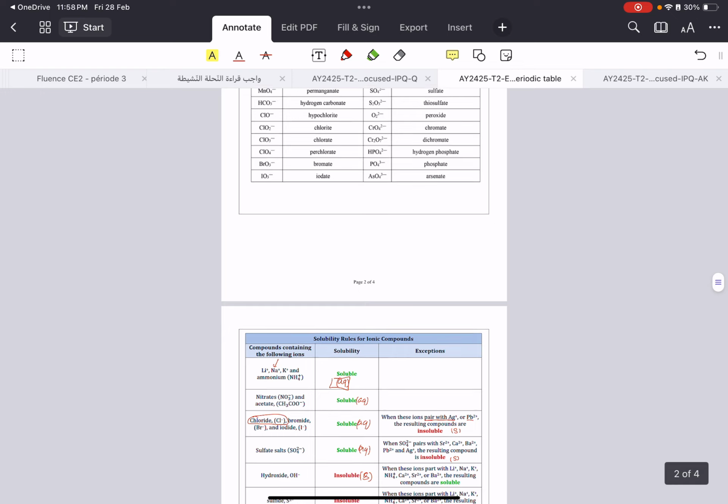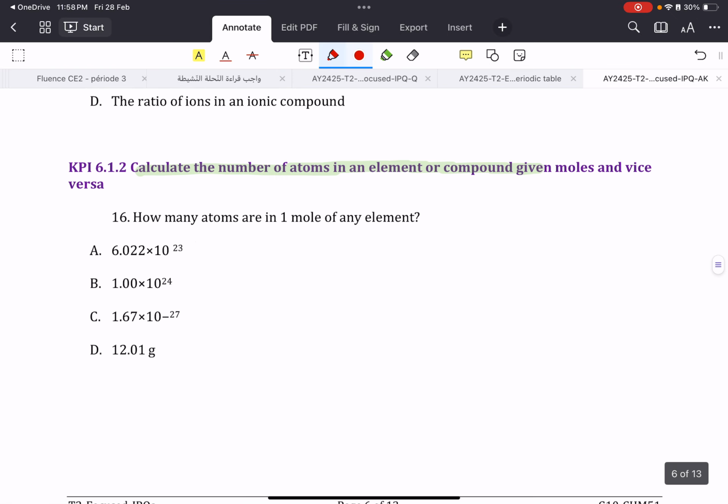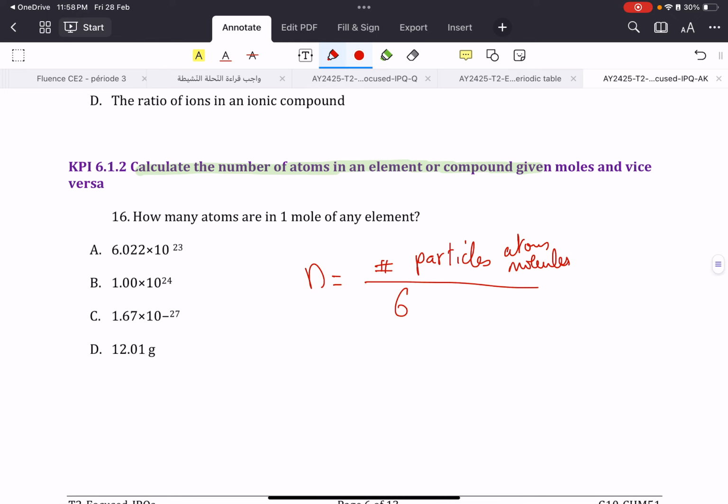The other formulas are not given, so it means you need to memorize this formula. Mole is equal to the number of particles, and the particles could be atoms, molecules, or even formula units, divided by Avogadro's number.